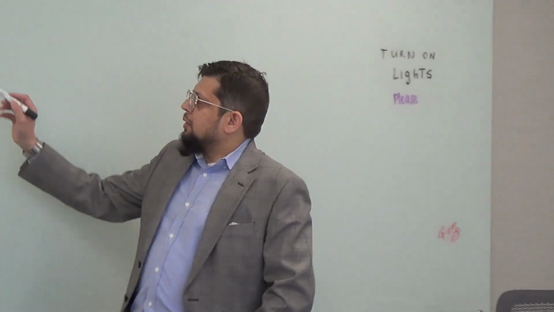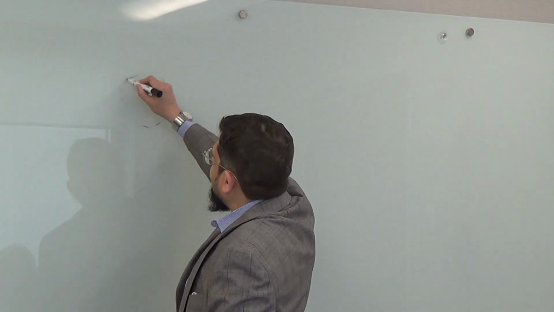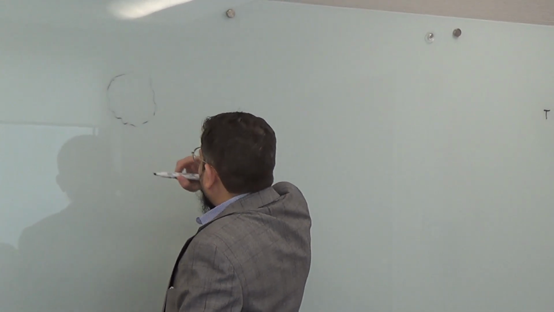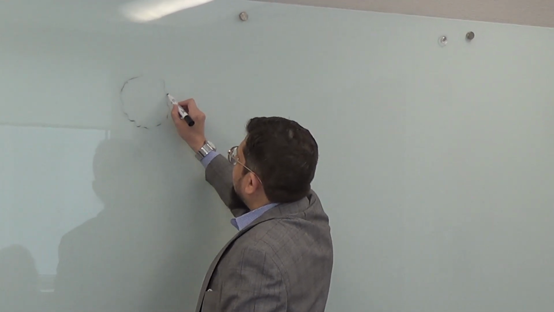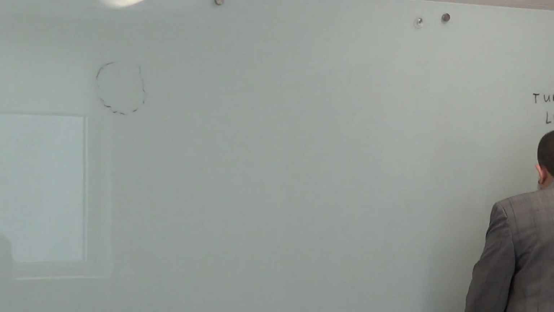So whenever the stroke occurs, let's say, I'm just gonna draw a brain tissue here. Why is it wavy? I don't know, it just looks wavy. And there's a blood vessel here that penetrates it.